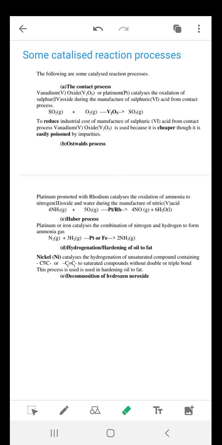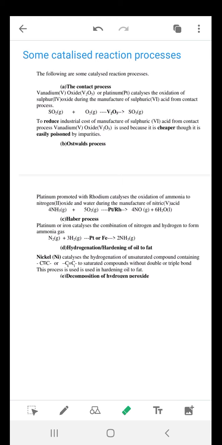The most preferred catalyst is vanadium 5 oxide. We said also platinum can also be used, but the one commonly used is vanadium 5 oxide. So vanadium 5 oxide catalyst oxidizes sulfur 4 oxide to form sulfur 6 oxide during the large-scale manufacture of sulfuric 6 acid. And we say that we normally use vanadium 5 oxide for two reasons.